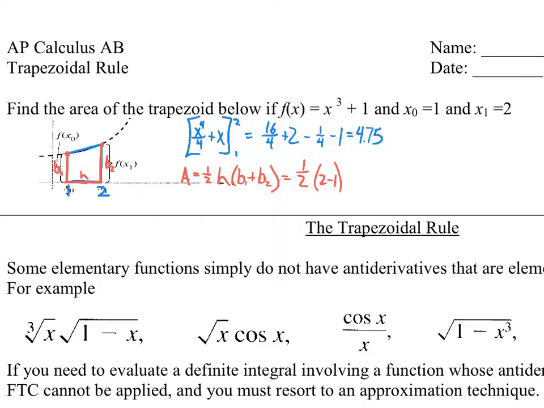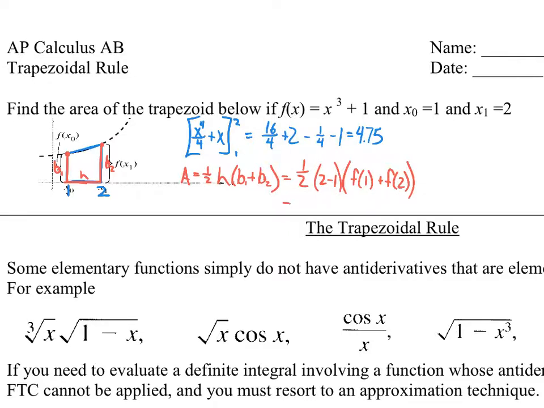And then to find base 1, I need to take f of 1, because whatever that function equals when x is 1 is going to be how tall this side is. And to find the other base, I'm going to do f of 2, because that's the x value that will give us the other base.